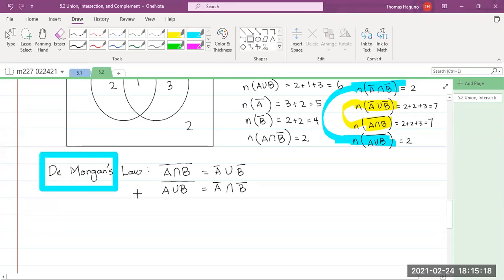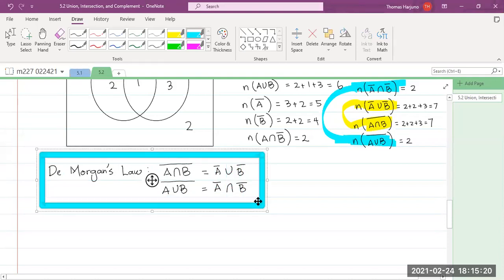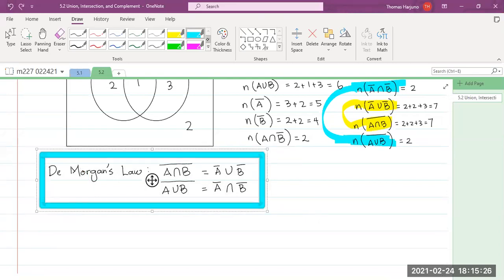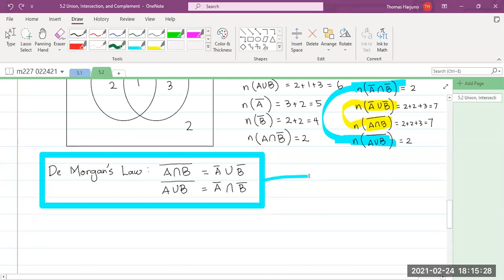You don't need to memorize this though. De Morgan's law is just a side note, worth mentioning, and even give credit to that guy named De Morgan. We will never explicitly use that.